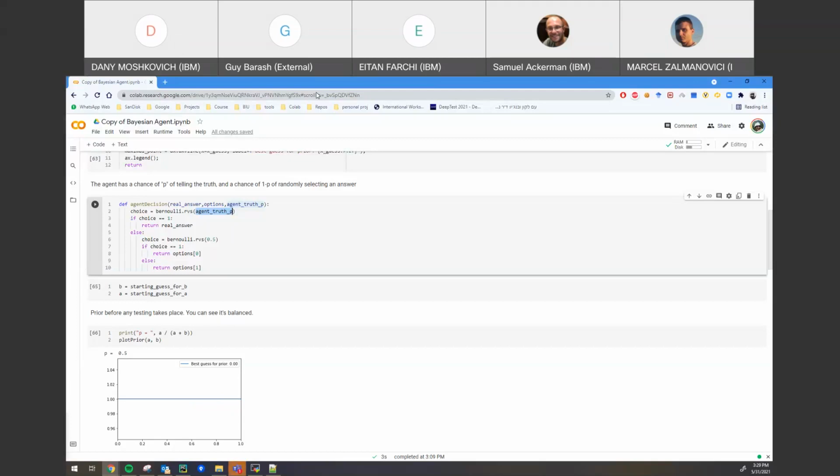Another alternative would be to assume that with some probability the agent could change in each Bayesian posterior iteration. So from your intuition, what do you think will be the most efficient way?